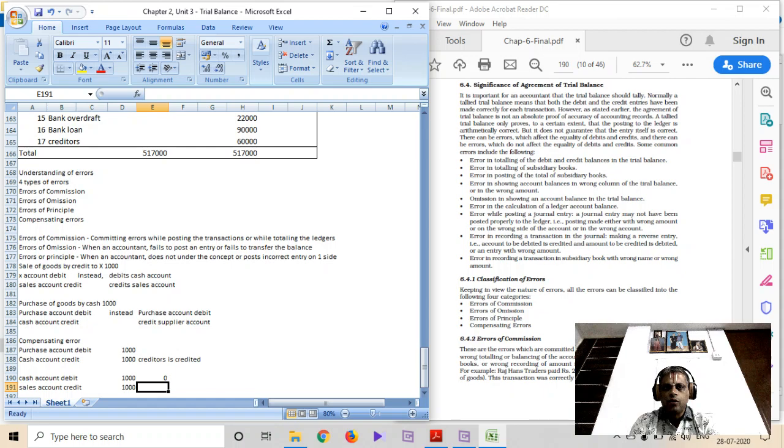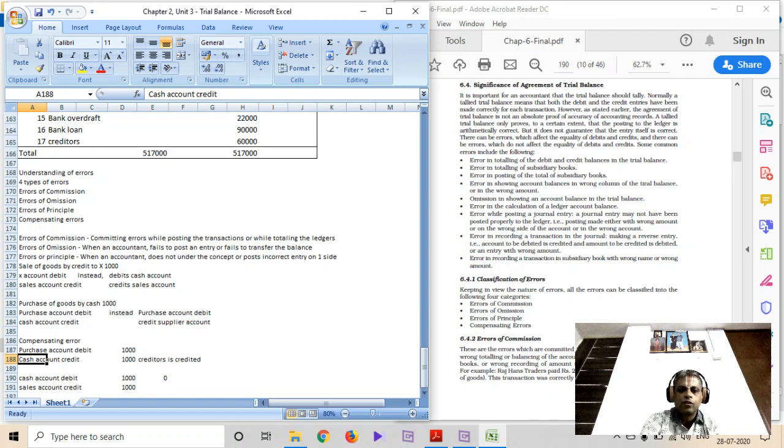Creditors will show an excess amount instead of cash. So the cash here has to be credited, and the cash here has to be debited. Here, instead of cash, creditors is taken.